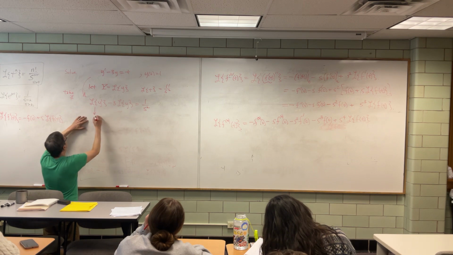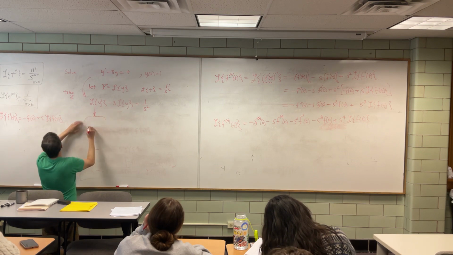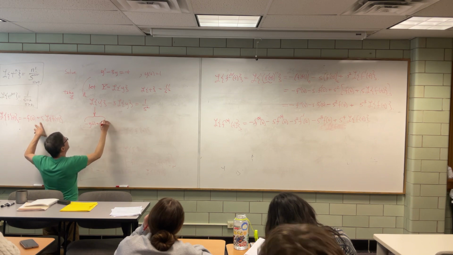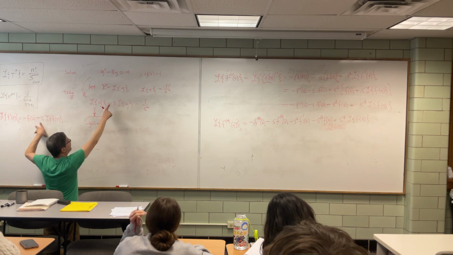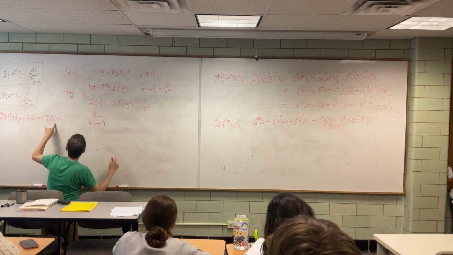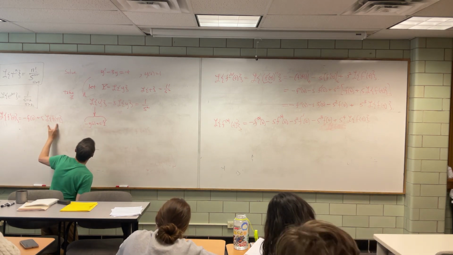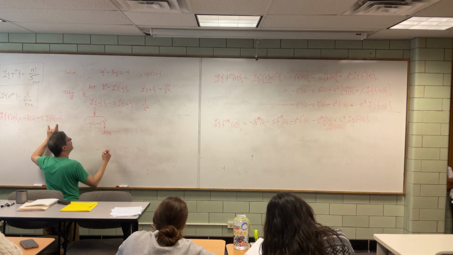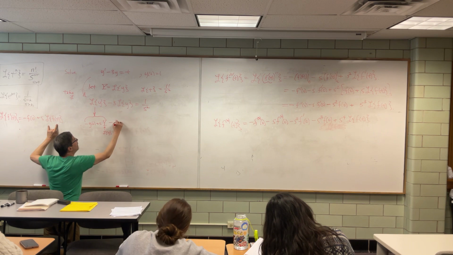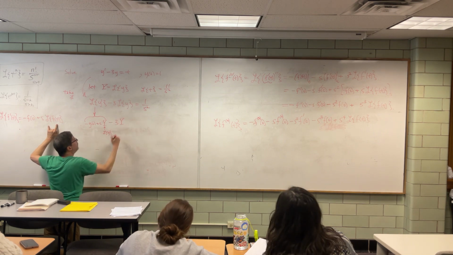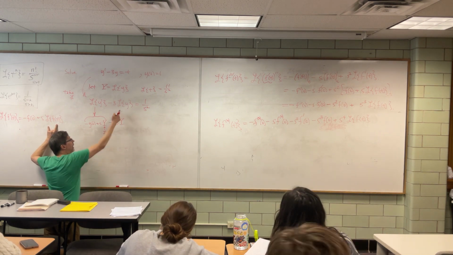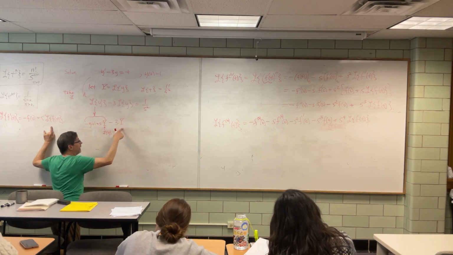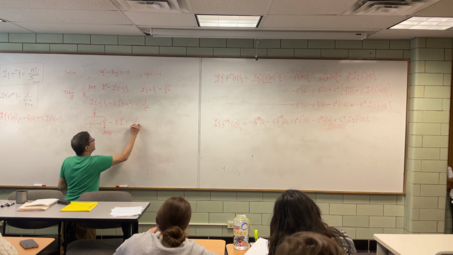So this thing becomes negative y at 0 plus s times capital Y, which is the Laplace transform of y. You could call that capital F if you wanted, but this is just, again, the Laplace transform of y in shorthand. And then I have minus 3 capital Y's because that's just the Laplace transform of y right there. We didn't need to do anything except relabel it as Y. And then on the right, I got 1 over s squared.